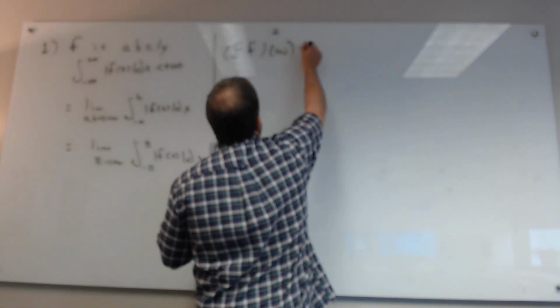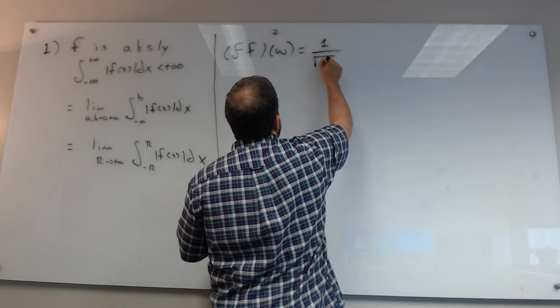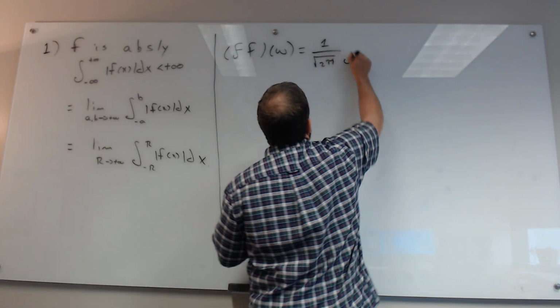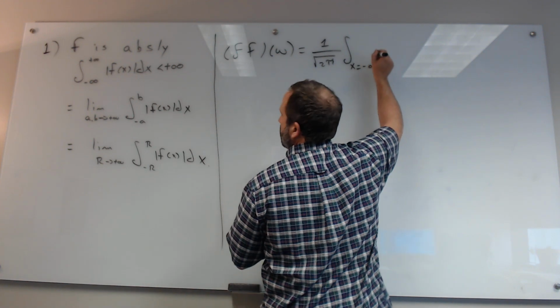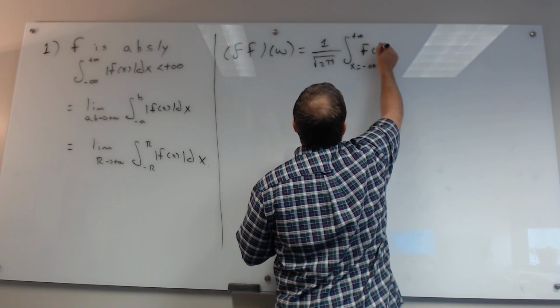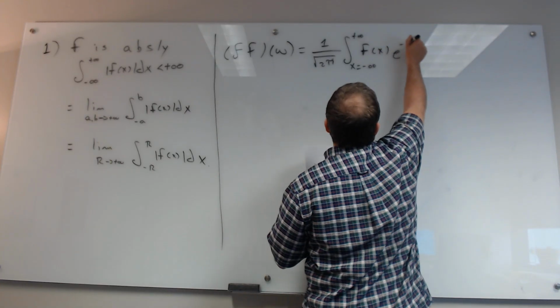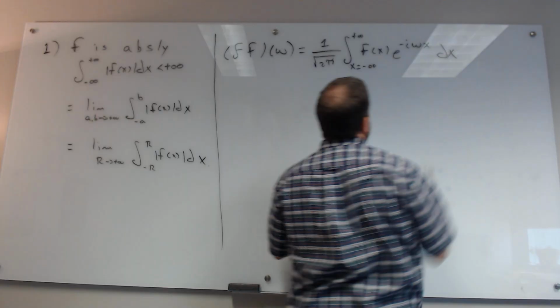This is the definition: 1 over the square root of 2 pi, times the integral from x equals minus infinity to positive infinity of f of x e to the minus i omega x dx.